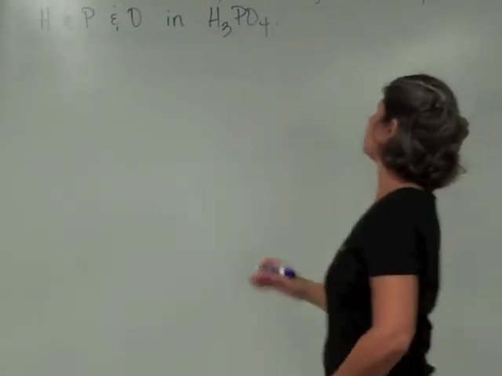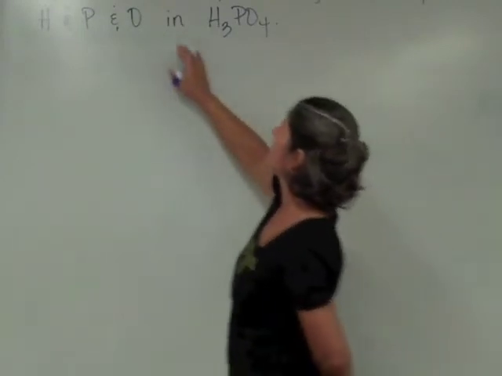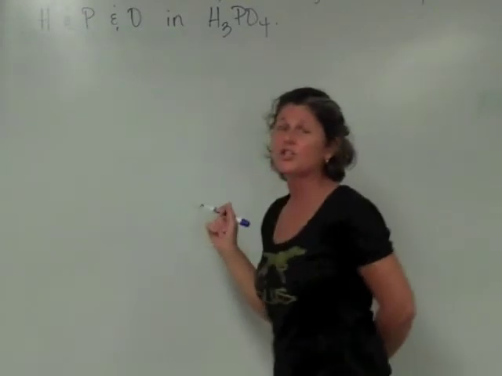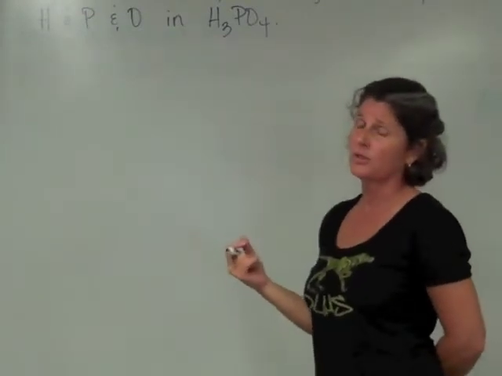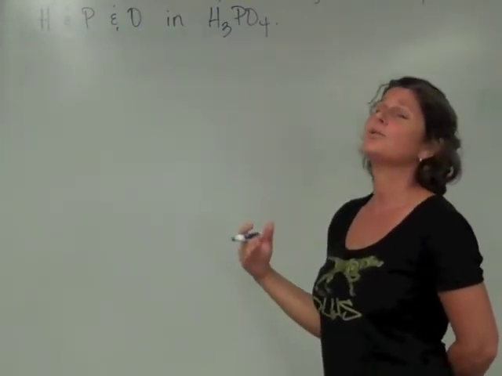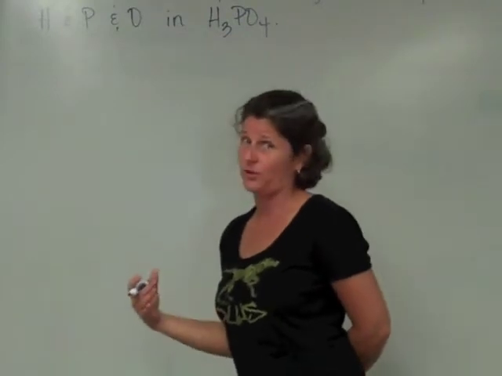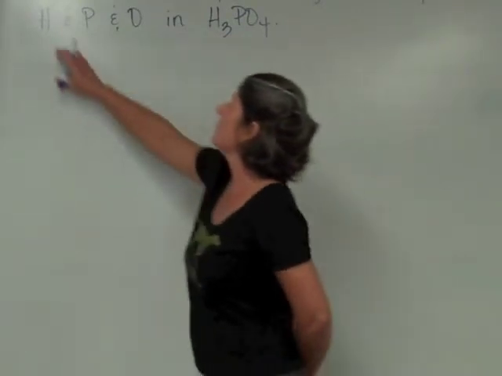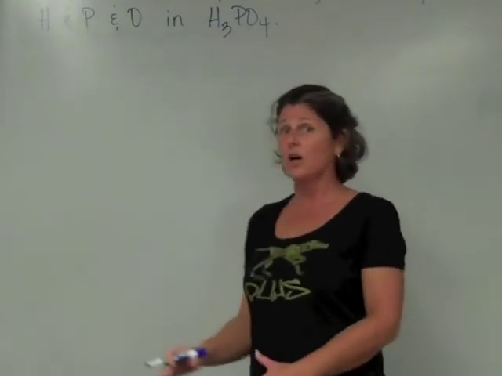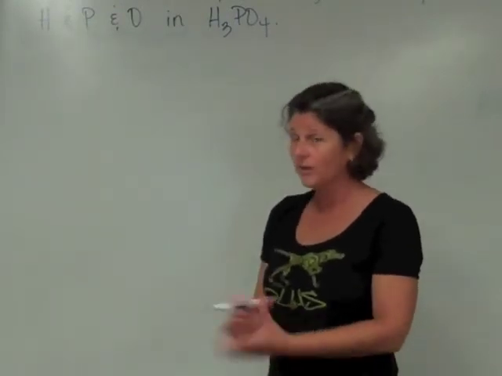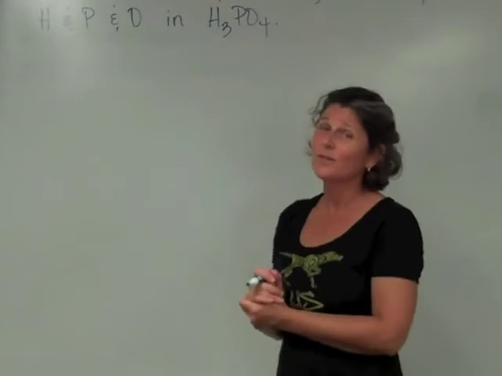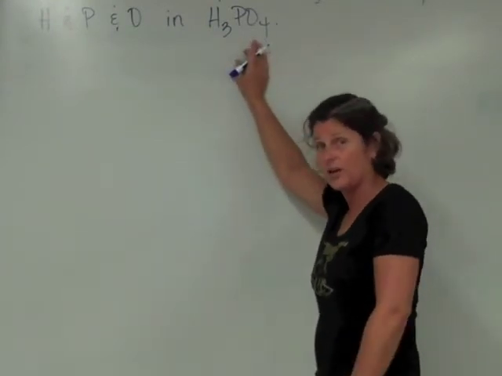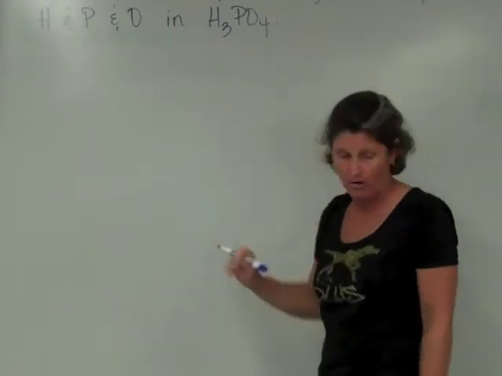Okay, so if we are trying to find a percent composition of each of these parts, what do you think we need to do first? We're finding percent of the parts to the whole. And so the first thing we have to do is calculate the molar mass of phosphoric acid, of the whole compound.